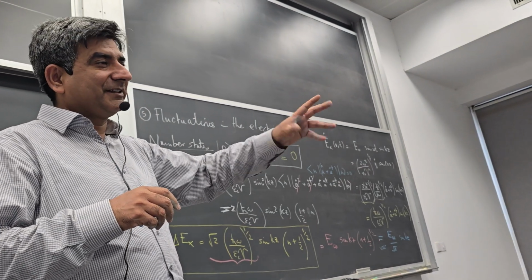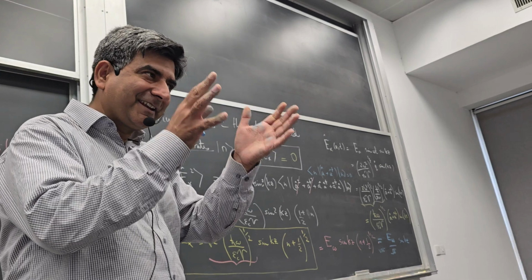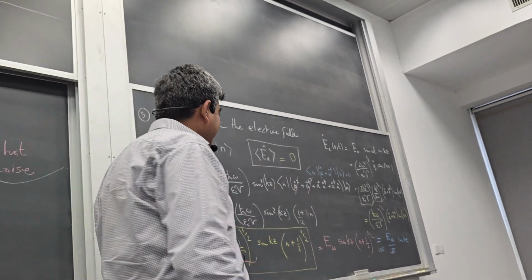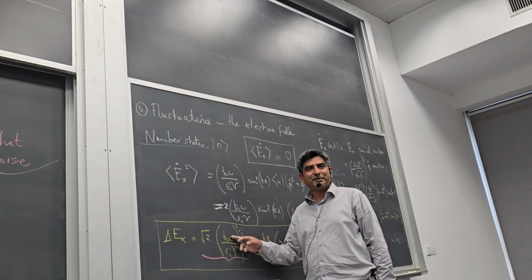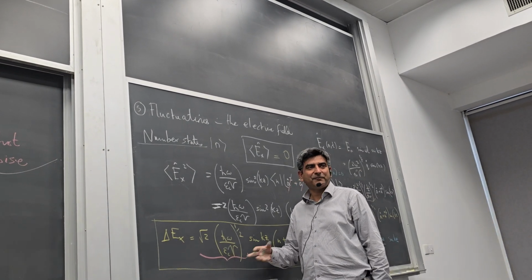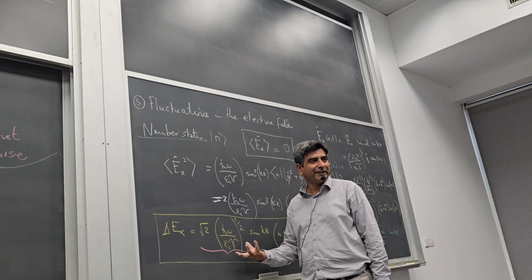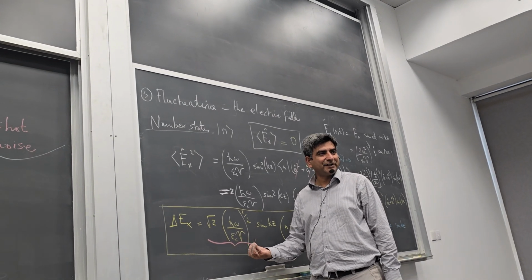So that's a problem with this theory. But this energy is real. Its value is known: h bar omega over epsilon naught V, with V the volume of the cavity. Everything is known here, so it will have units of volts per meter.